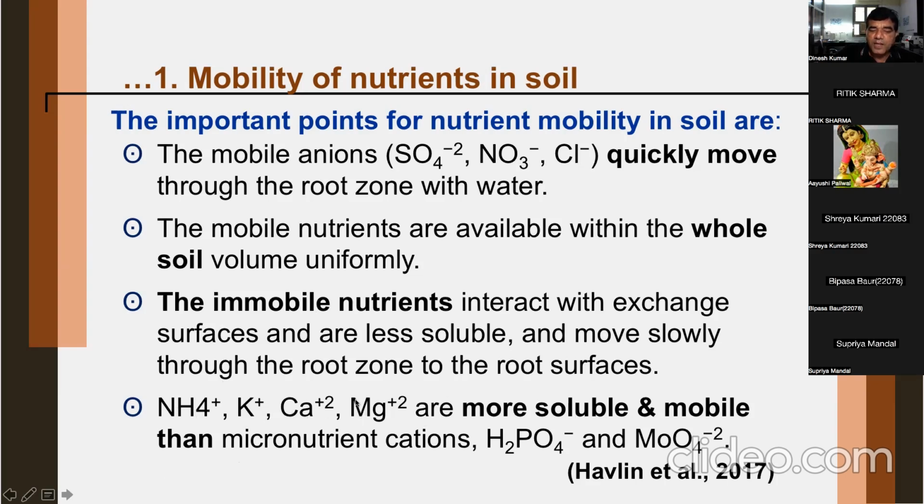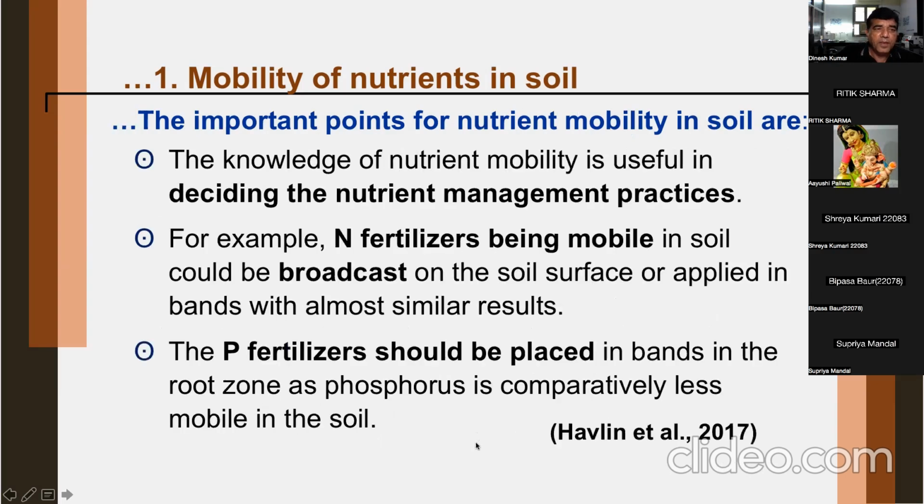They are relatively less mobile. Almost immobile are the micronutrient cations, iron, manganese, copper, etc. H2PO4 and molybdenum are also very less mobile. So you can remember the order of mobility of nutrients.